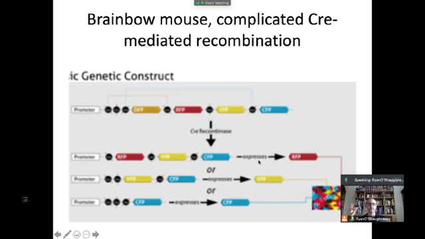What this means in practice is you get a number of different colors where cells are expressing 1, 2, 3, or 4 of these fluorescent proteins, and that allows a wide range of colors that we see in the Brainbow mouse and also the Skinbow fish and a number of other multicolored tissue labeling fate mapping processes, all of which use this random cutting of LOXP and random expression of fluorescent proteins.